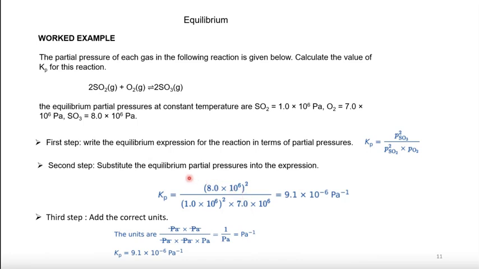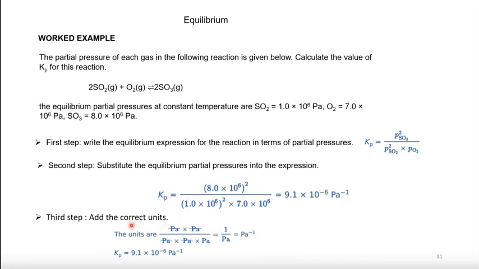If we write down the Kp, that means the equilibrium constant in terms of partial pressure, we find it with these values, and it is 9.1 times 10 to the power minus 6 per Pascal.